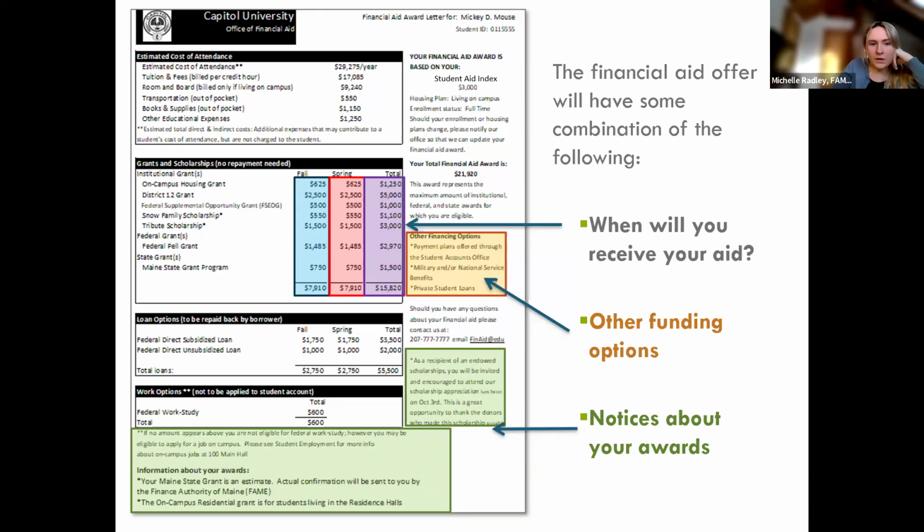So this one obviously is also broken out fall, spring, total in terms of when you're receiving what aid. But it has one hallmarking piece that the other offers didn't. It actually provides information on other funding options, which is pretty nice. So they mentioned something like a payment plan or a tuition payment plan, which is a big piece that I find that a lot of families don't know about.